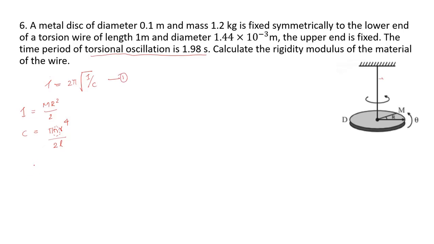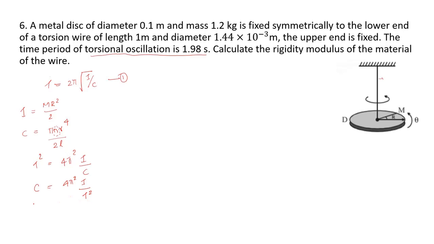On squaring, it is T squared is equal to 4 pi squared I by C. This is just to remove the square root. From this, C can be written as 4 pi square into I by T squared.